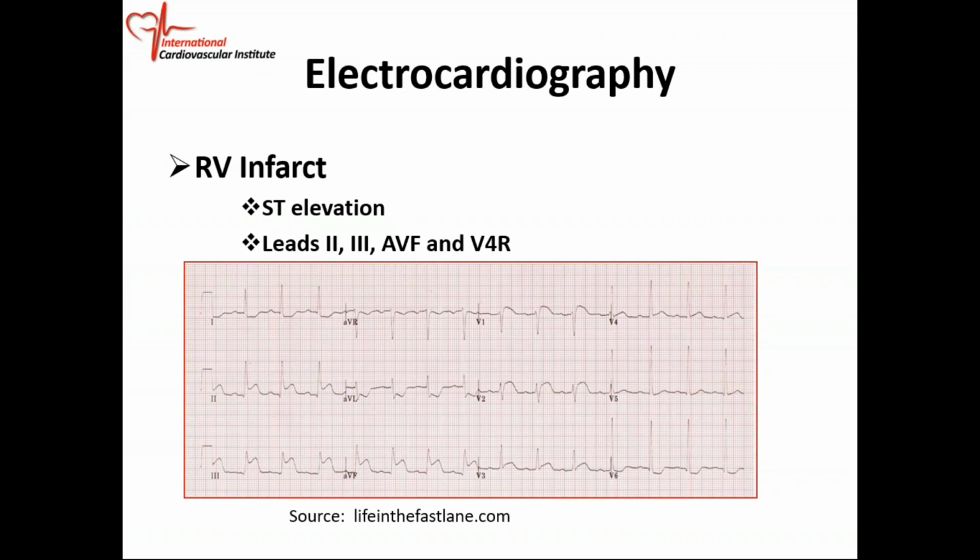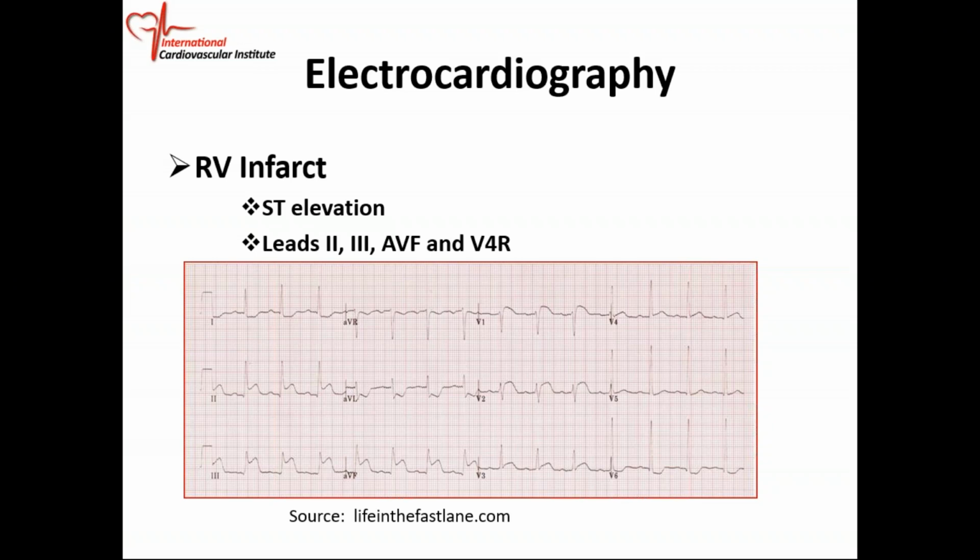When you have someone with an RV infarct, and if they're hypotensive, one of the first things you're going to do is give them fluid. Which is not what you normally do. When someone has a STEMI, and especially if they're hypotensive and they're short of breath, you're going to give them Lasix, a diuretic, and you're going to do other things.